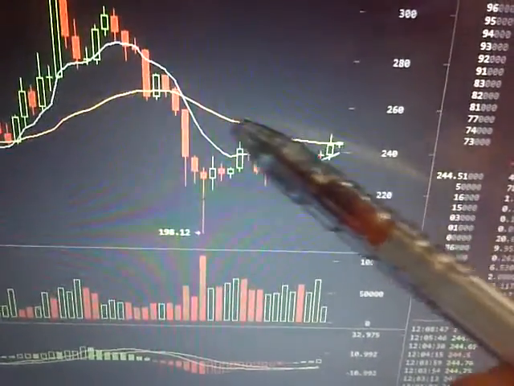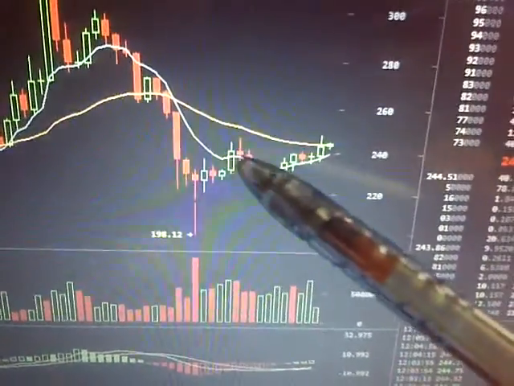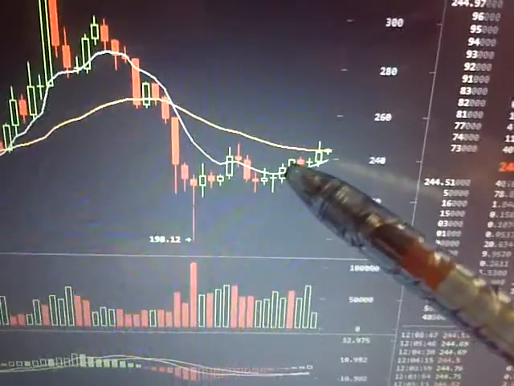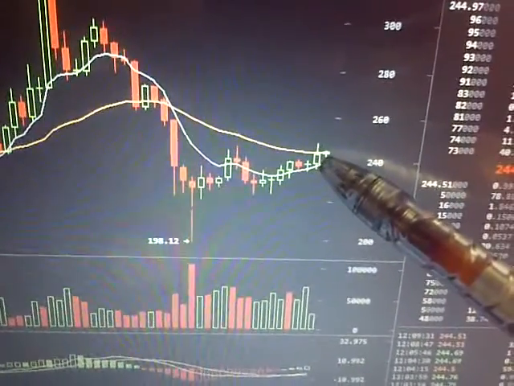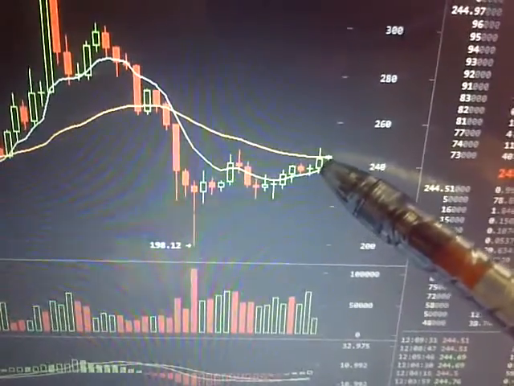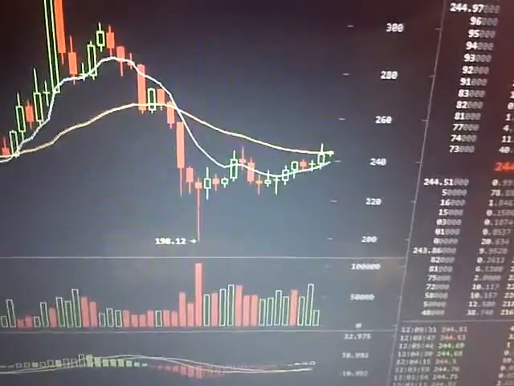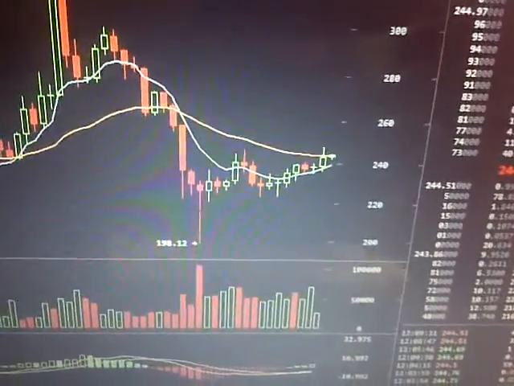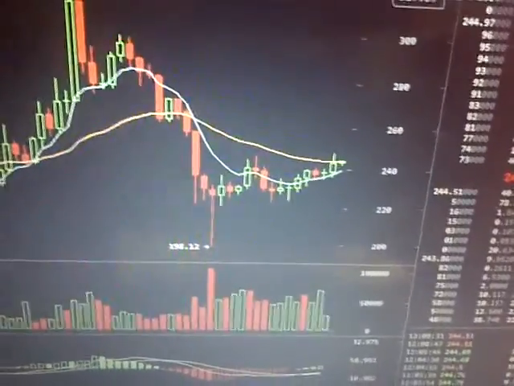It's hitting up against this longer term average. So if the trend continues up and is able to make it over this, you're looking at a very long-term trend here. The beginning of a long-term wave, the big wave, or a bigger wave, I should say.